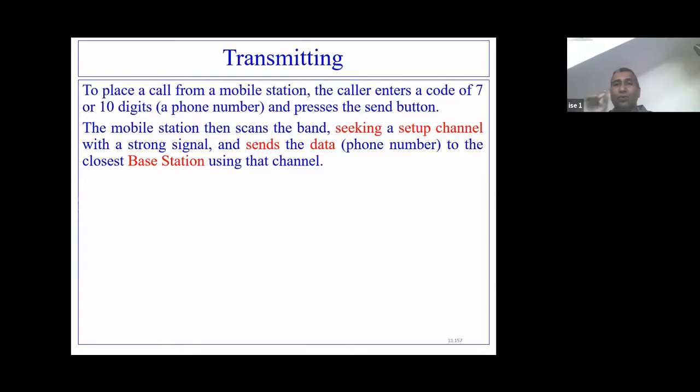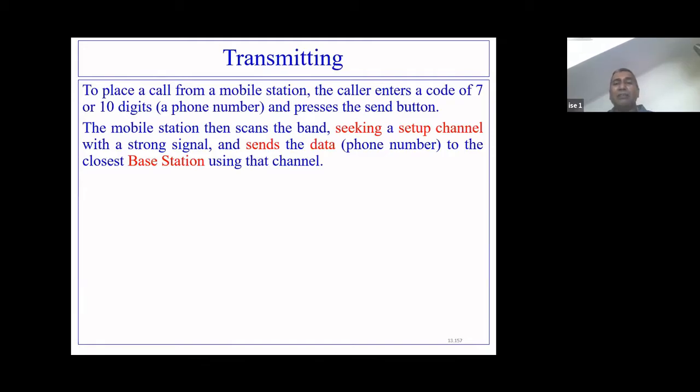The mobile station scans the band, meaning the available frequencies, seeking a setup channel, and that setup channel should have a strong signal. If a strong signal is not there, it cannot send the data.